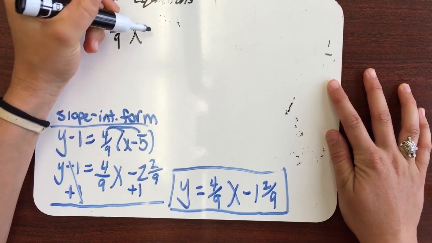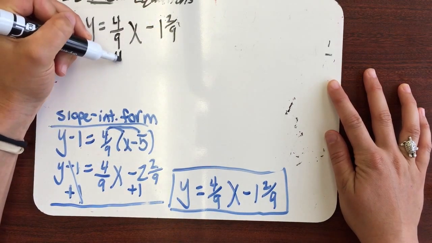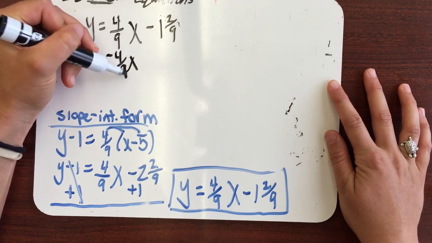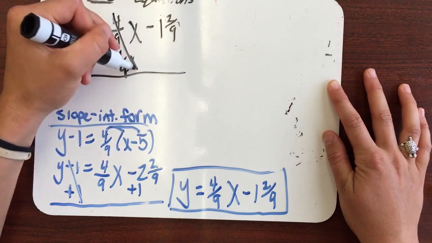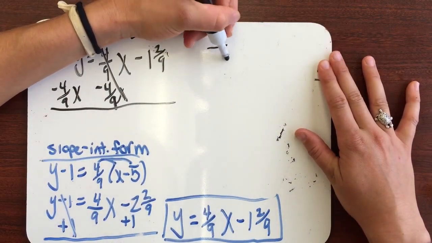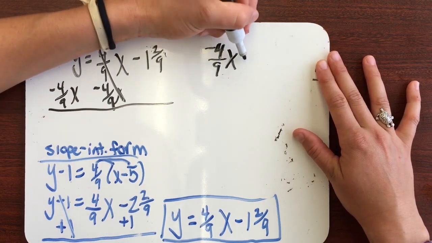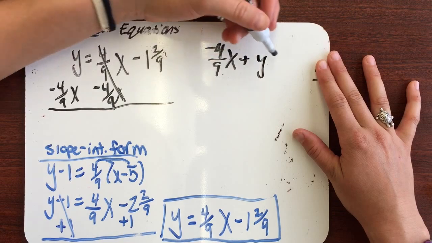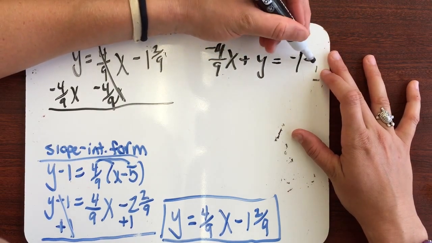And we're going to first bring 4/9x to the left, minus 4/9x. So right now we have -4/9x, sorry, it's a little sloppy, plus y is equal to -1 and 2/9.